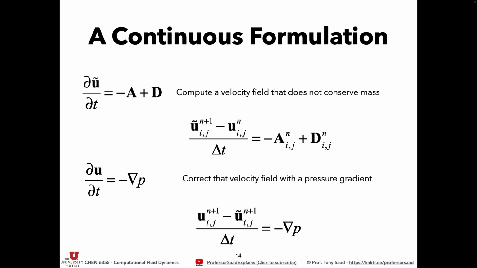Okay? So when you combine those two together, they give you the previous equations, the previous differential and the discrete form that we had. So if you take u tilde as u n minus delta t times the advection and diffusion terms, you plug it in, it gives you this form we saw earlier.